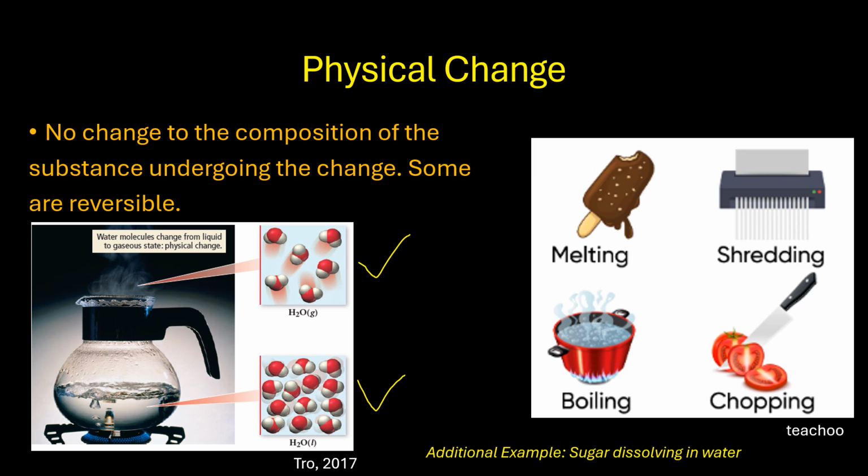But keep in mind that the chemical composition of the substance is not changing. It's still H2O in water form and H2O in vapor form. The chemical composition of this substance is not changing. It's still water and water in the future, even after boiling.